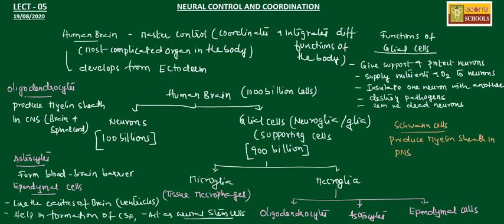So that's a small piece of information on these three types of macroglial cells: oligodendrocytes, astrocytes, and ependymal cells.